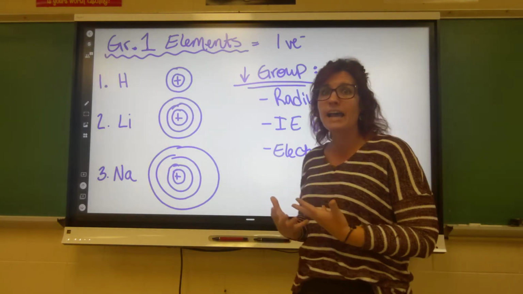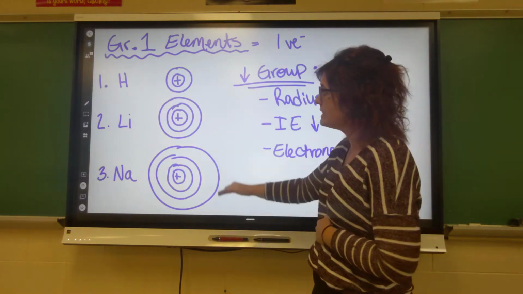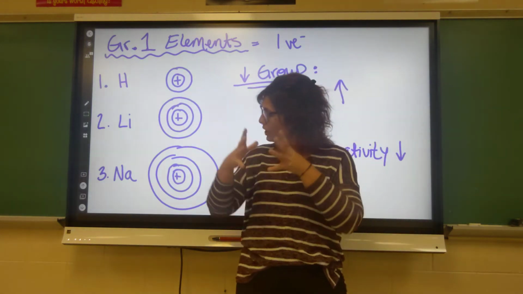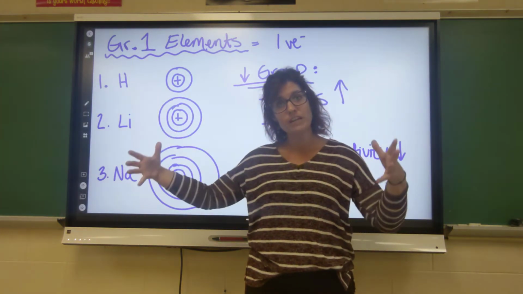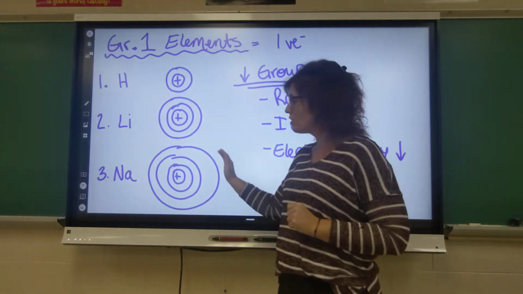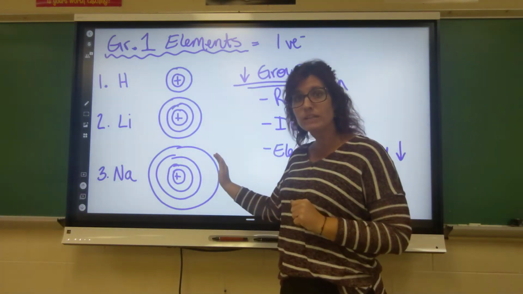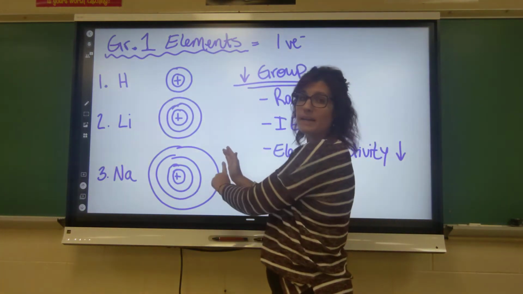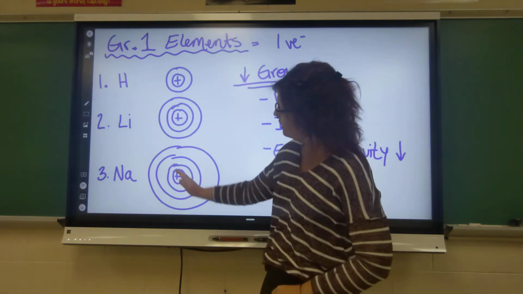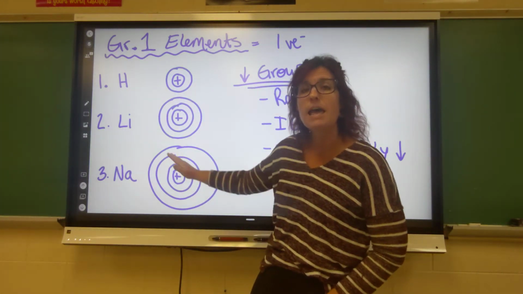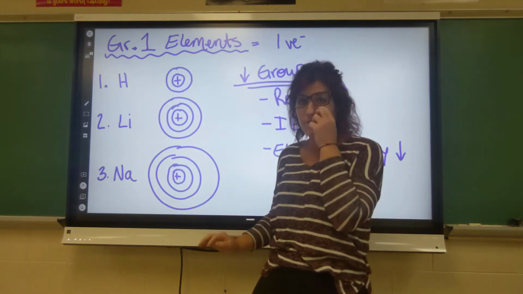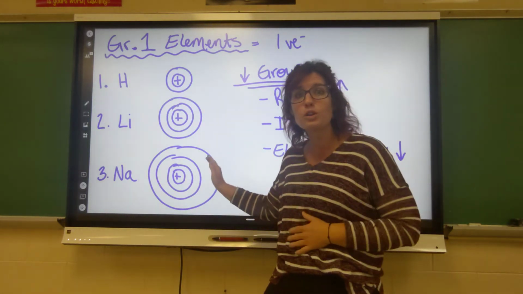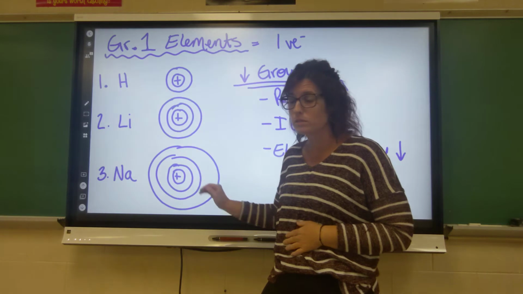And the reason that ionization energy decreases is you have more energy levels being filled. Your outermost electrons are further from the nucleus. Therefore, because of that distance and all these inner energy levels being filled, it blocks the nuclear charge from being felt, and they're held more loosely in the larger atoms.